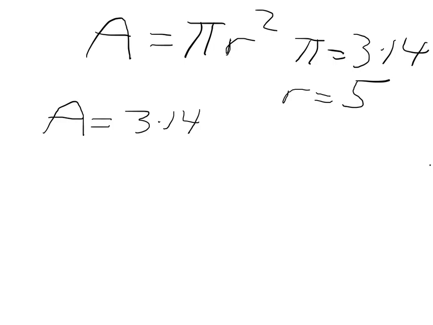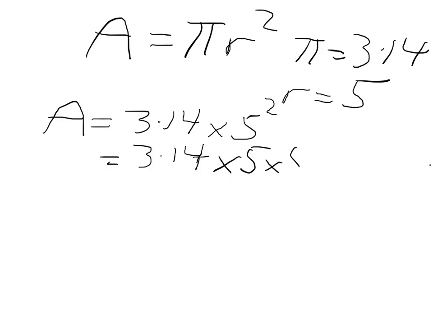And realize when they're written beside each other like this that it means times. So it means 3.14 times r squared. And remember, we'll just write it like that first. We're putting 5 in for r. And you remember that what that actually means is not 5 times 2, but 5 times 5. So we write that like that.